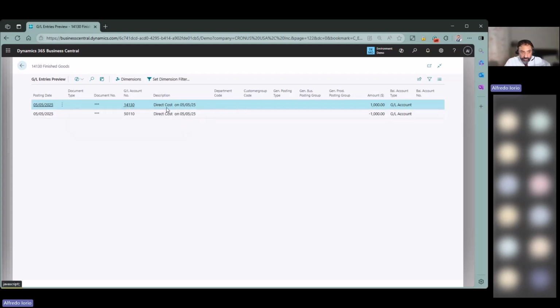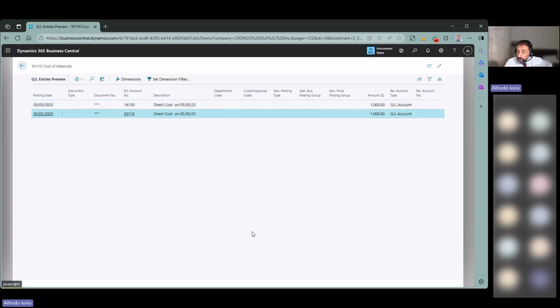This line is based on the inventory posting group. This line is based on the general posting group. So the same transaction, two entries, 2 different posting groups. If you're trying to generate a report using posting groups, the reports will never make sense. Anyway, so you can see why posting groups are not good for reporting live in action.